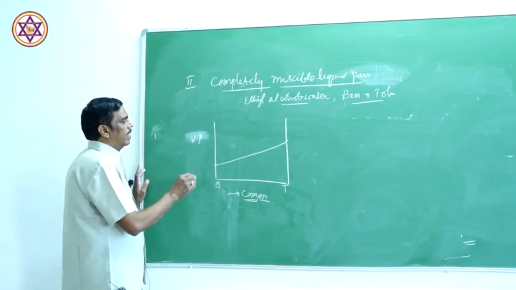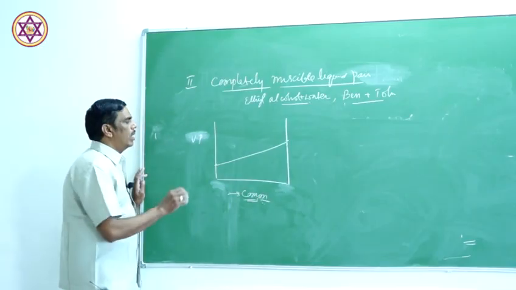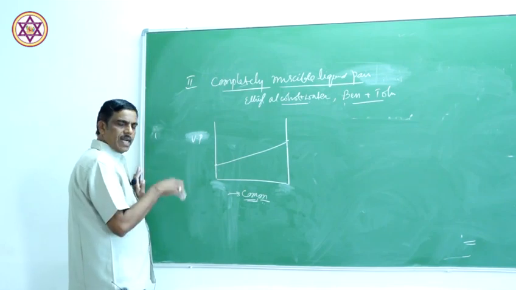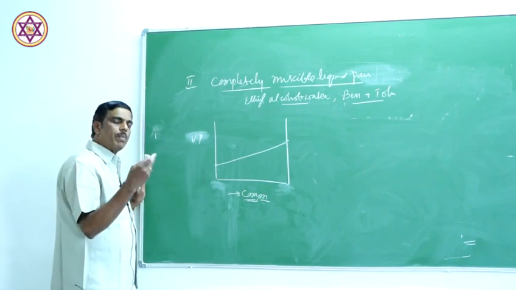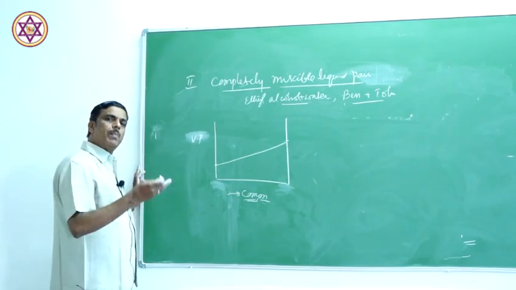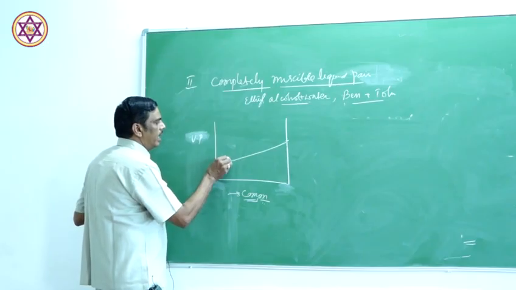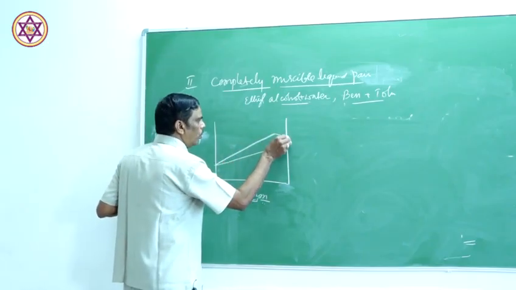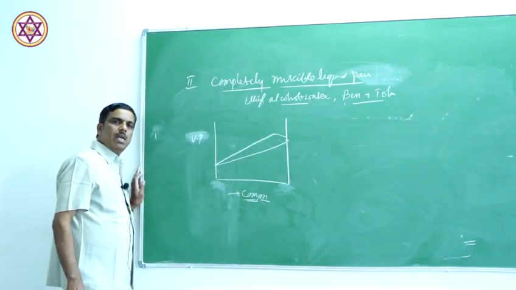But if you take the vapor pressure composition curve of alcohol and water, what happens? Water has a lower vapor pressure and alcohol has a higher vapor pressure. As the amount of alcohol increases, vapor pressure increases. So the graph will be deviated like this. At a particular composition, it is above, with a maximum vapor pressure of the mixture.